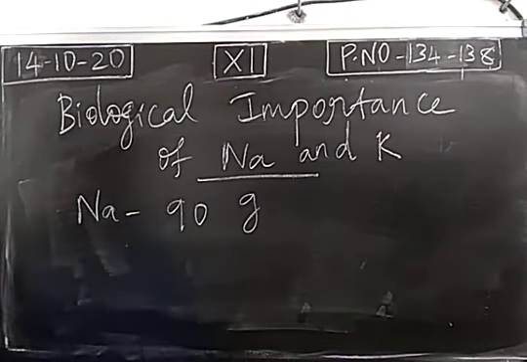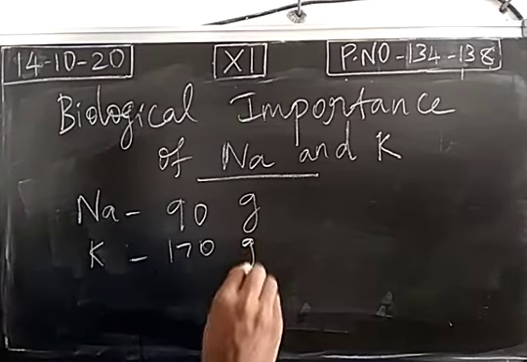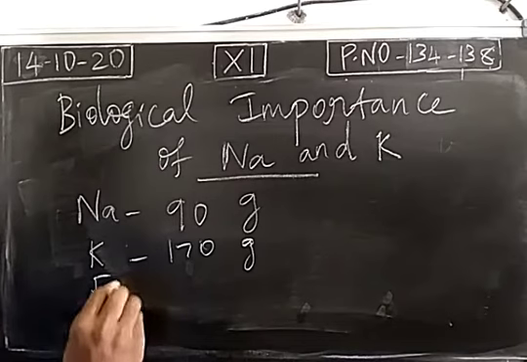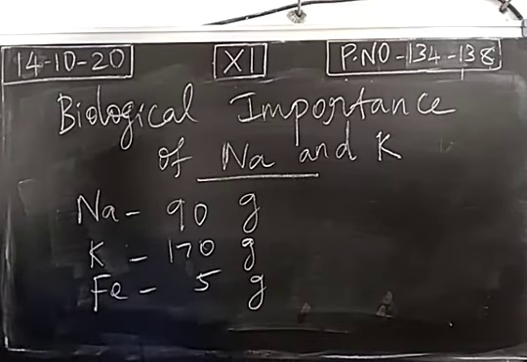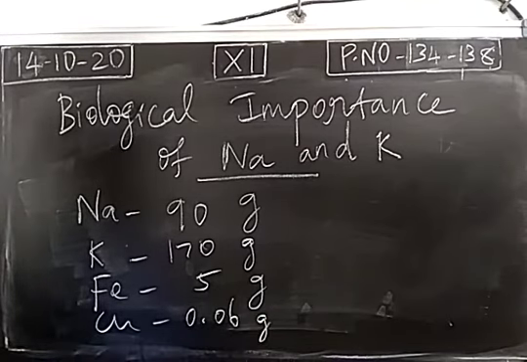The human body contains 90 gram sodium, 170 gram potassium, 5 gram iron, 0.06 gram copper. So this is the abundance of metals in human body.